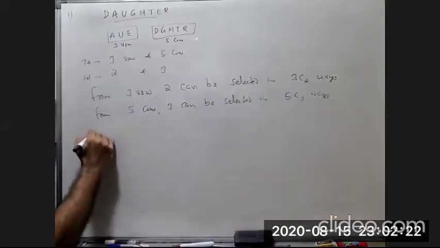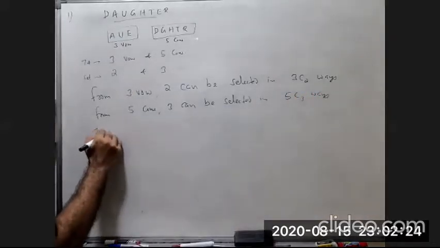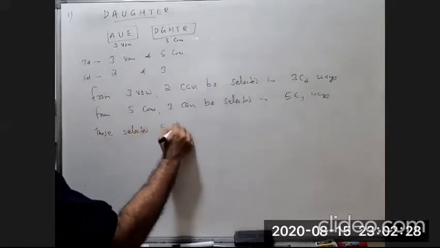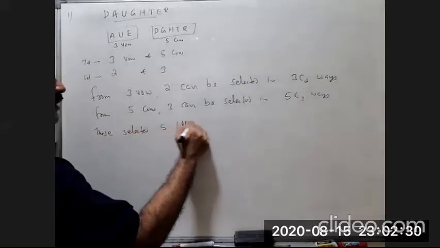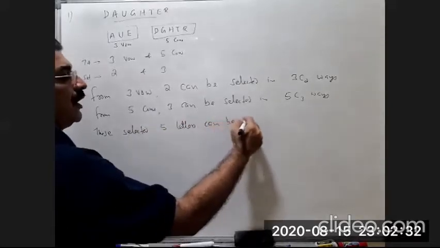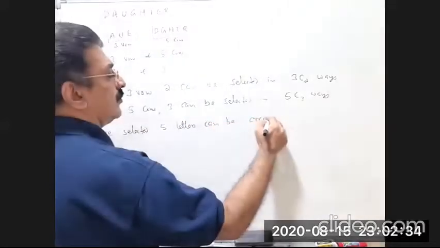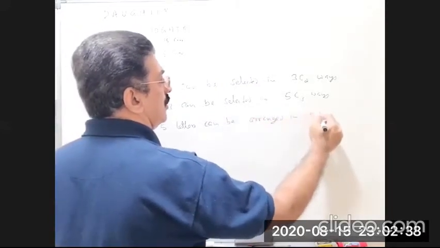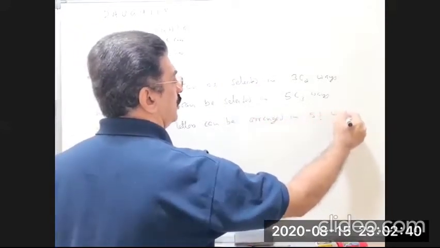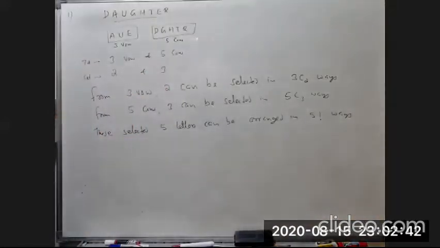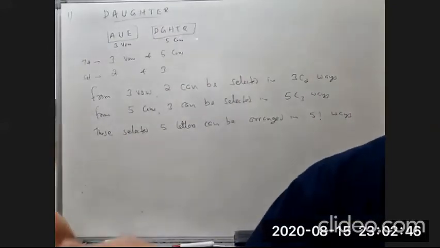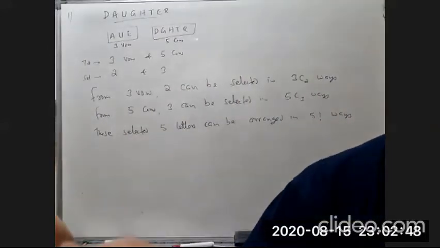Then what? These selected 5 letters can be arranged in 5 factorial ways. See, first is selection, then it is arrangement. First is selection, then it is arrangement.